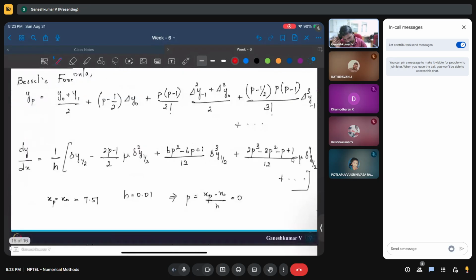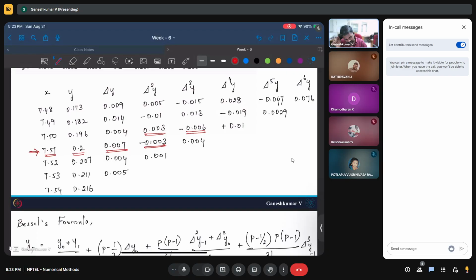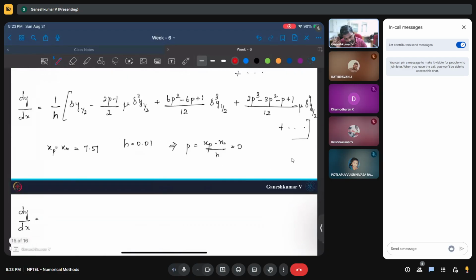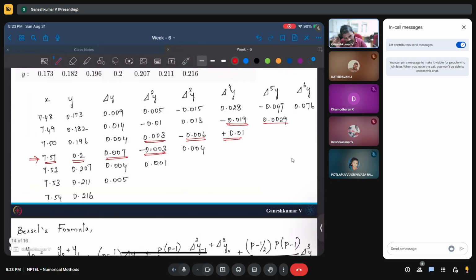And for delta 3, you need not do an average. So you will take this. And for delta power 4, you need to again do an average. So you will take this and this. And for delta power 5, you will use this. And for delta power 6, you have to use this and another one. But that is not existing. So maybe we can stop here. Okay.